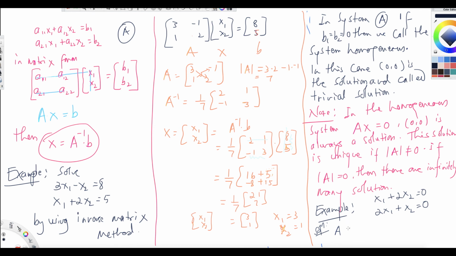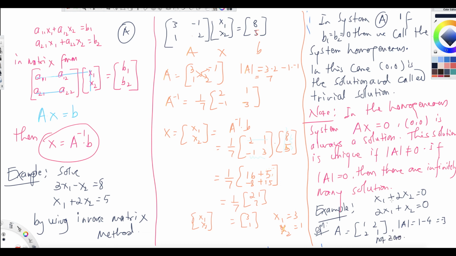Matrix A is basically [1 2; 2 1]. You see that? So what is the determinant of A? It will be 1 times 1 is 1, minus 2 times 2 is 4, that is negative 3, which is non-zero, right? It is not 0.